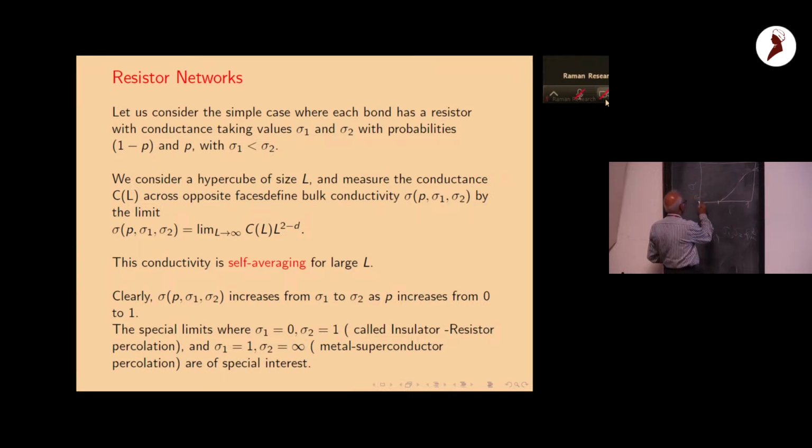If sigma 1 is not 0, it will still go to the same end, like that. So these graphs will vary like this. What I need is a function which is 0 here but non-zero here. And then when I change sigma 1, this will lift up. How does it lift up? Can I determine this?